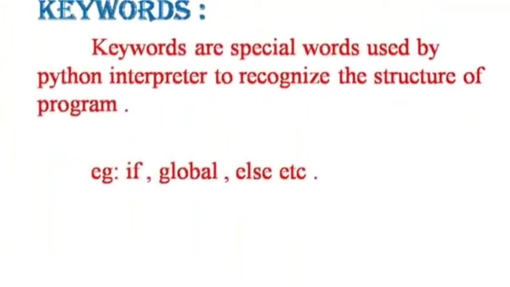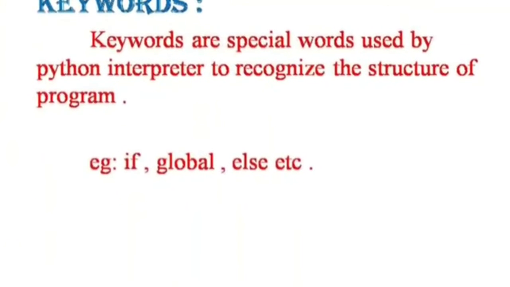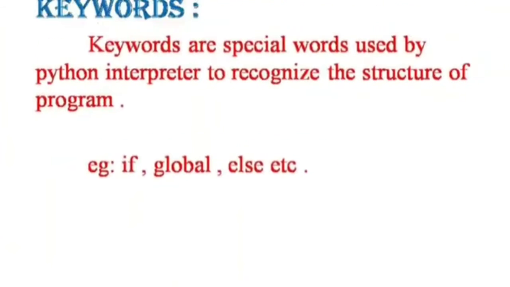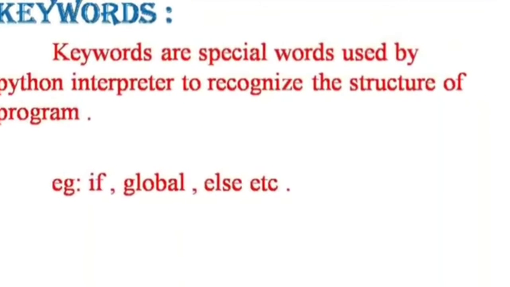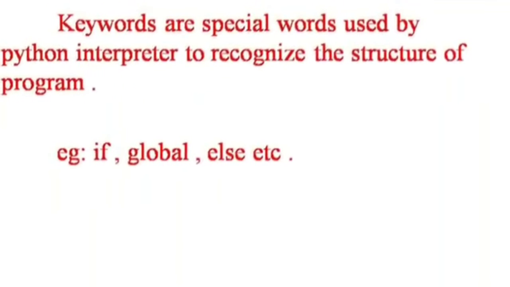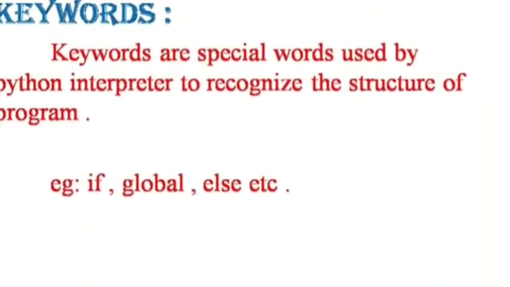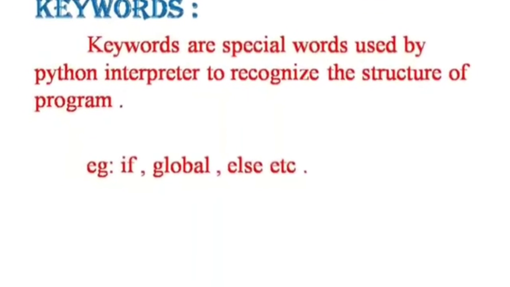Next one is the keywords. Keywords are special words used by the Python interpreter to recognize the structure of the program. These words cannot be used as identifiers. Example: if, global, else, etc.